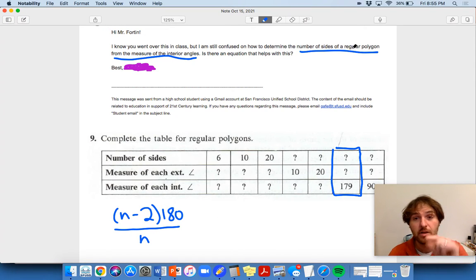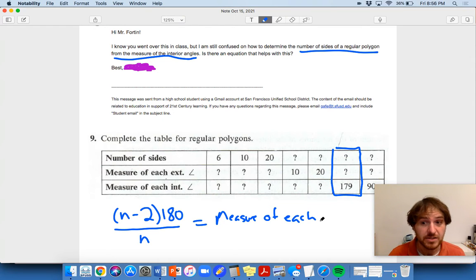Remember, a regular polygon is equiangular and equilateral. So that's going to equal what you're given right here, the measure of one interior angle of a regular polygon.